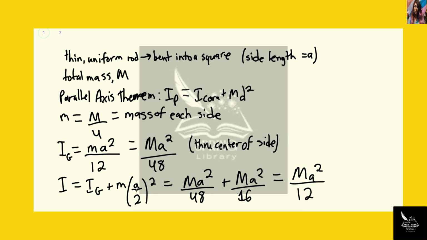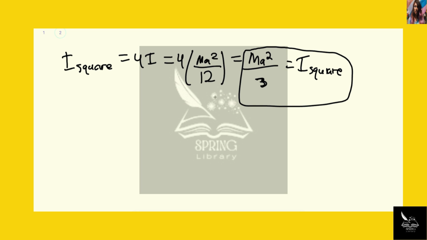So that's why here d equals a over 2, because d would be from the side to the center of the square, so a over 2. And then we multiply this I by 4 in order to find the moment of inertia through the center of the square, perpendicular to the square's plane.